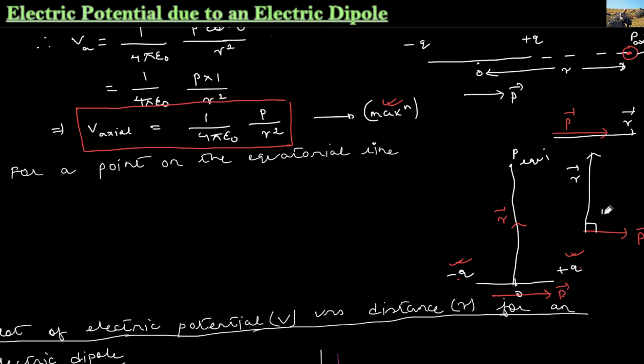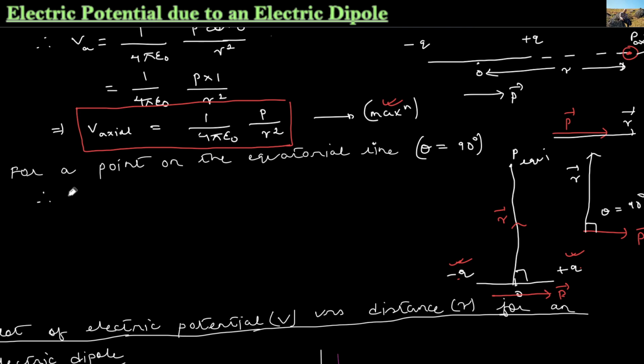It is obvious that this angle over here is 90 degrees. So for a point on the equatorial line, the angle between P and R is 90 degrees.